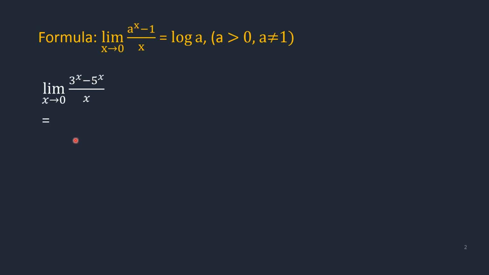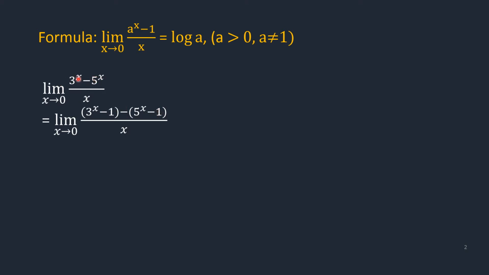So we will write in the next step as 3 to the power x minus 1 minus 5 to the power x minus 1. Here 3 to the power x minus 1 is of this form and 5 to the power x minus 1 is of this form. Now let us see whether the changes that we have made in the numerator do not change the original value.